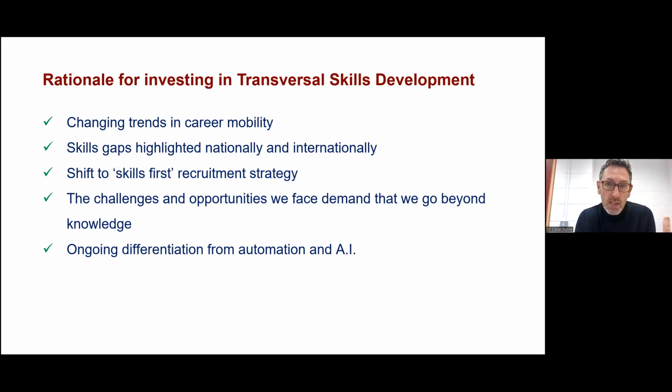And as I mentioned already, from a graduate perspective, these transversal skills that we're talking about, and I'll show our DCU ones shortly, are fundamentally human in nature. They can't be replicated by AI at this point in time, at least. It doesn't mean we can't leverage the affordances of technology to develop these skills and to evidence these skills and to apply these skills, but they are fundamentally human in nature.